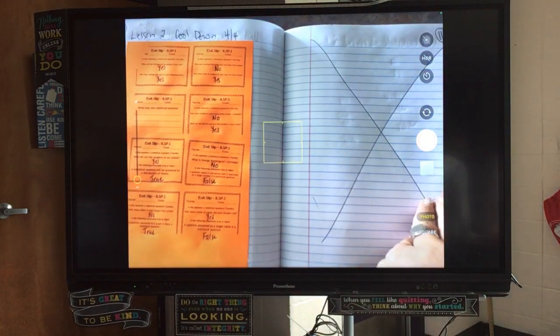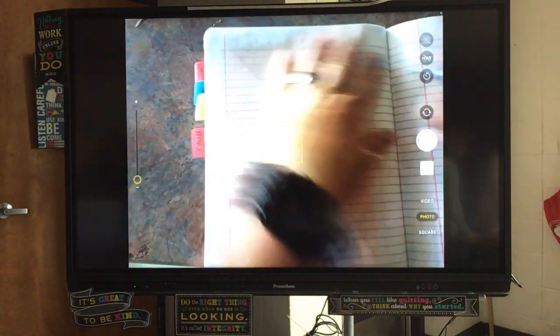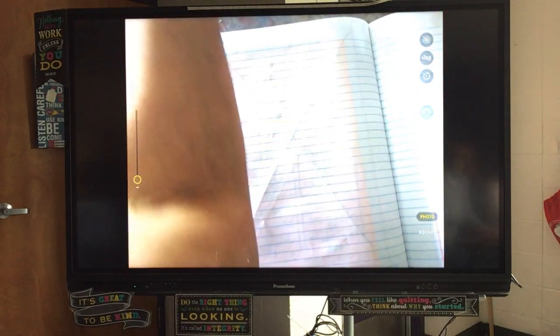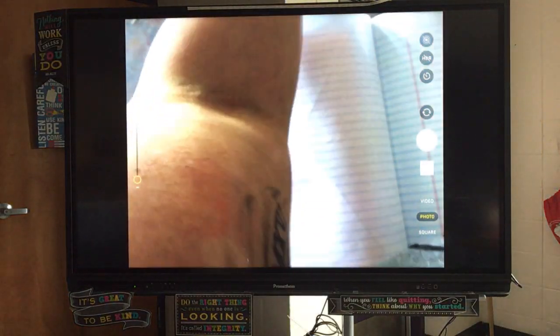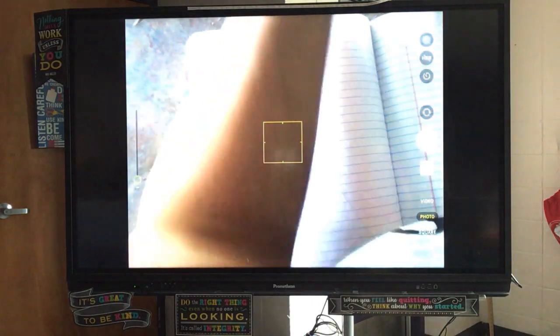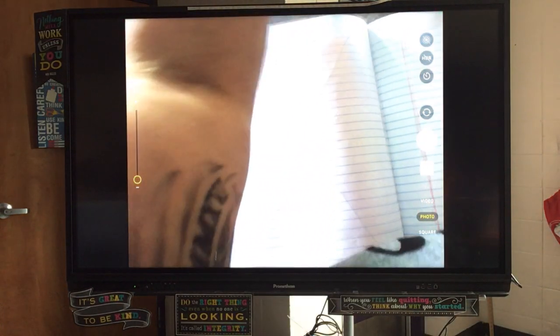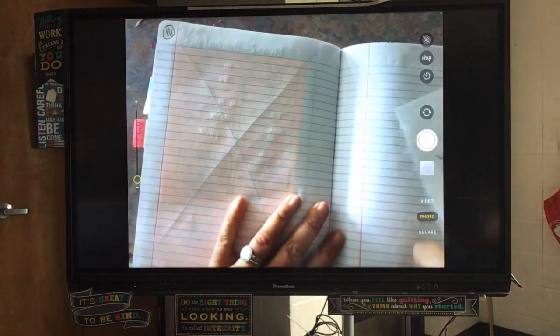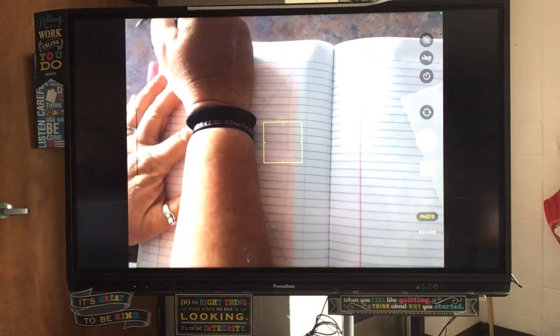And then turn the page. All right, and then on this page, we're just gonna write.